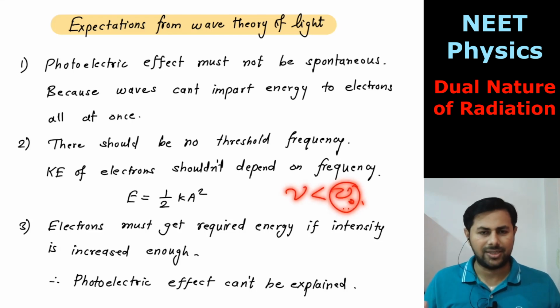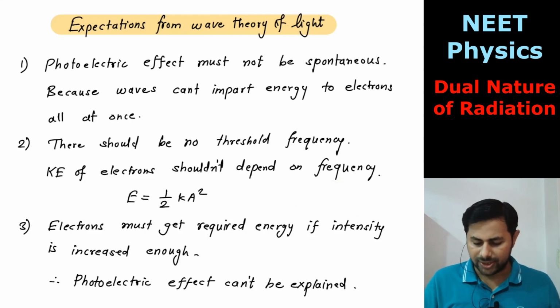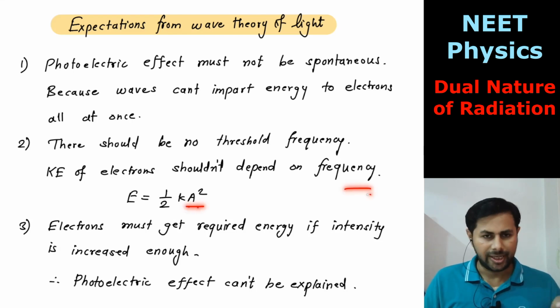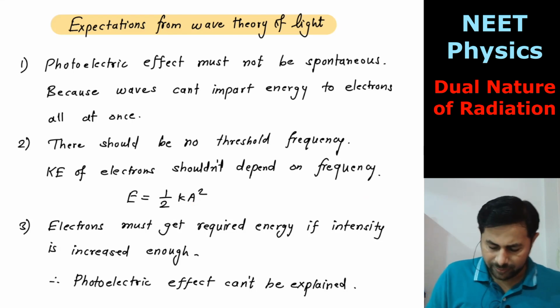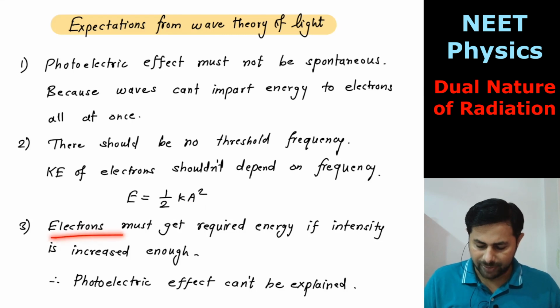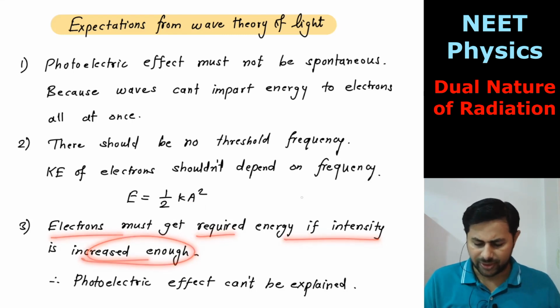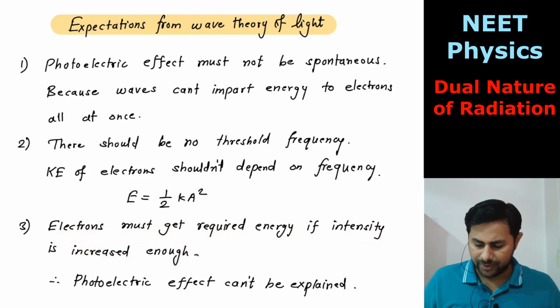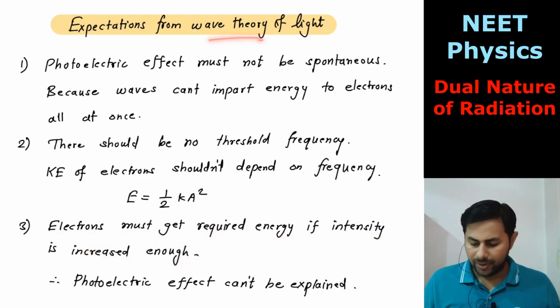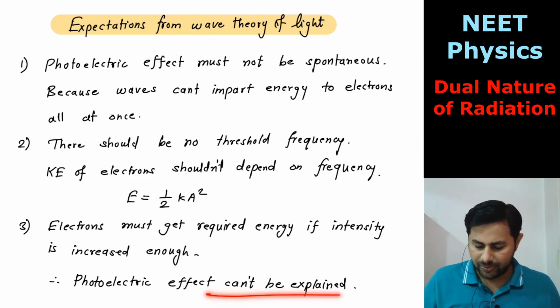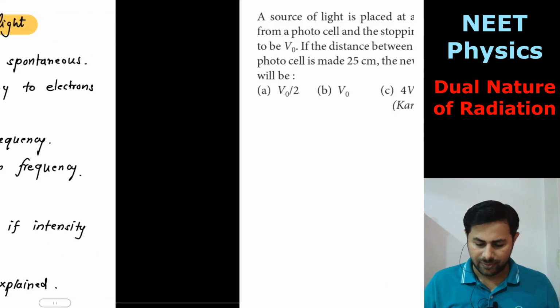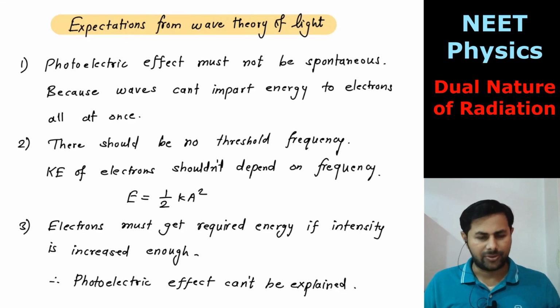That means they are not gaining a sufficient amount of energy. So this is also not matching with our expectation, and electrons must get the required energy if the intensity is increased enough. So that means using the classical wave theory of light, you cannot explain the photoelectric effect.